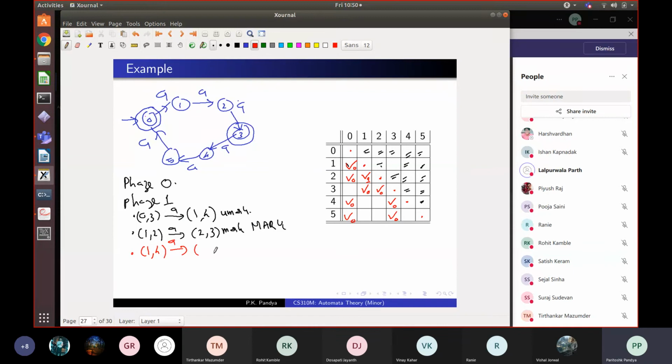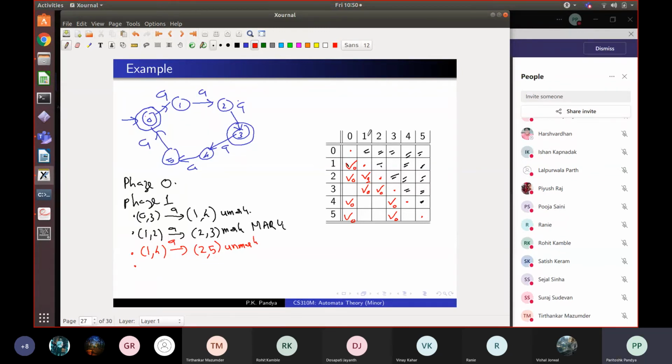Yes, sir. Parth, the pair 1,4 on letter A will take you to which pair? 2 and 5. Is 2,5 marked? You have to consider the table in the previous phase. 2,5 is not marked. It's blank, right? So this is unmarked. So 1,4 also does not get marked.